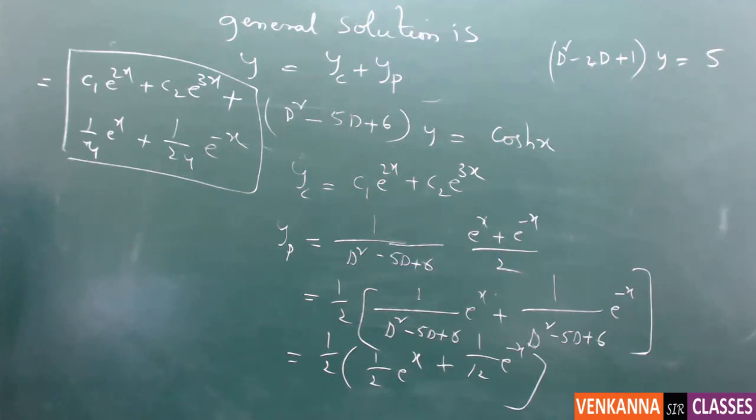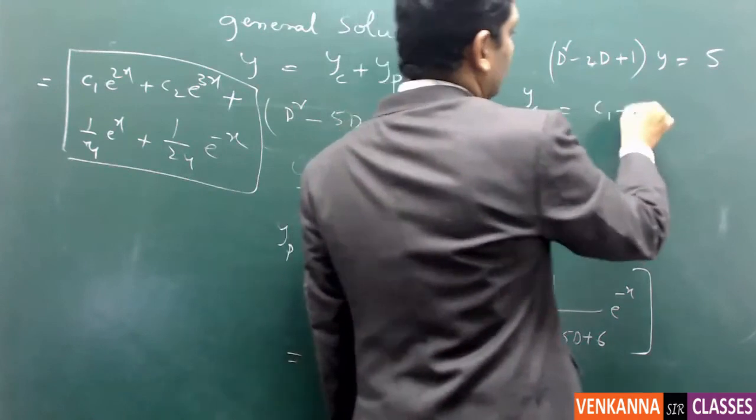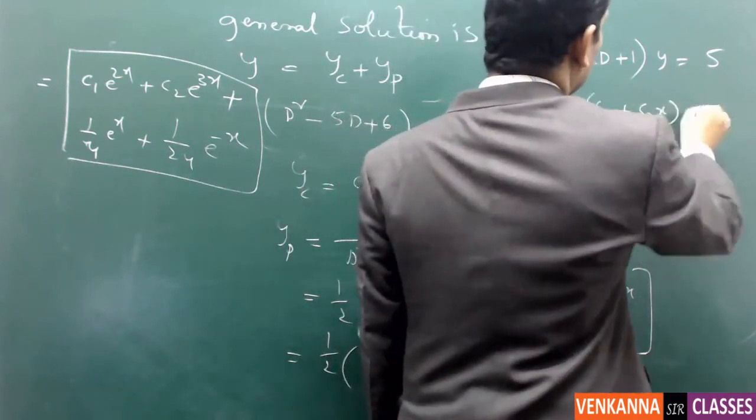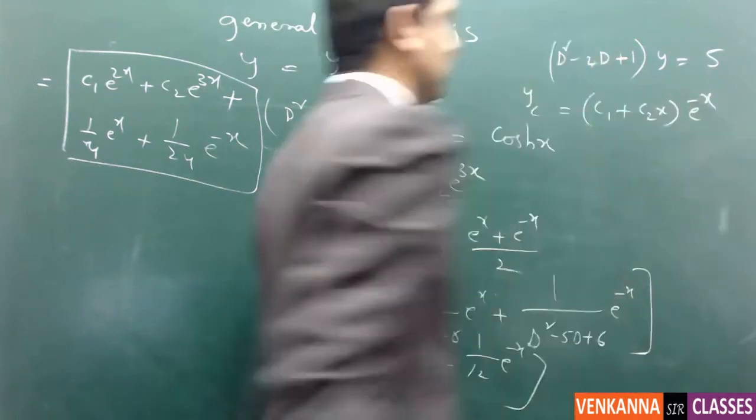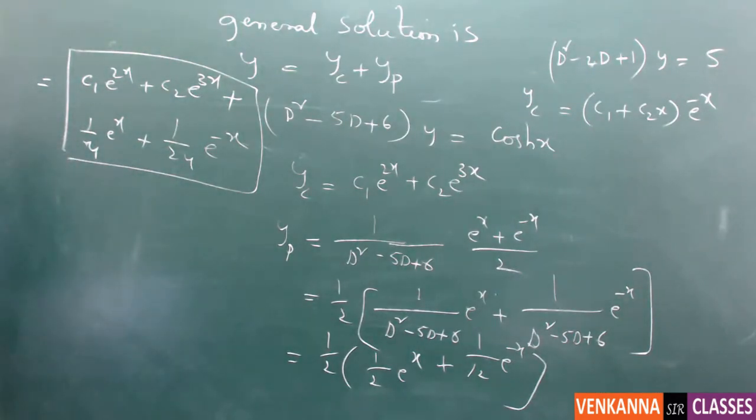It is nothing but m minus 1 whole square equal to 0. So m is equal to 1, 1. So yc is nothing but c1 plus c2x into e power x. Accepted?